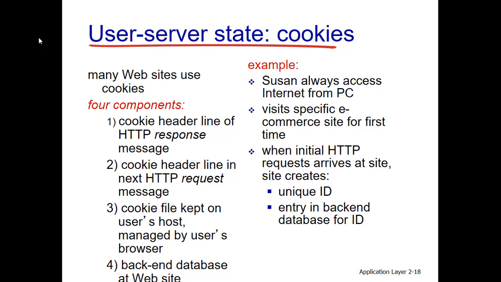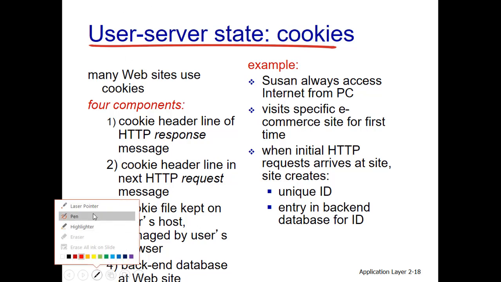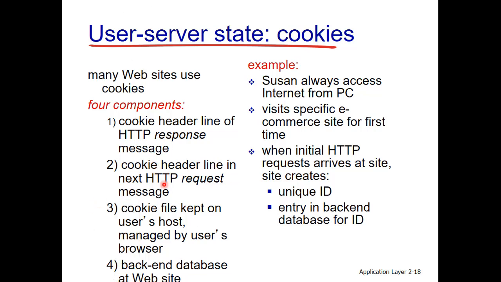Whenever you open a web page, you send a GET request to a page. In its response, if the web page wants to set a cookie on the client side, it creates a cookie and sends that cookie in the response message. The second component is a cookie header line in the next HTTP request message.